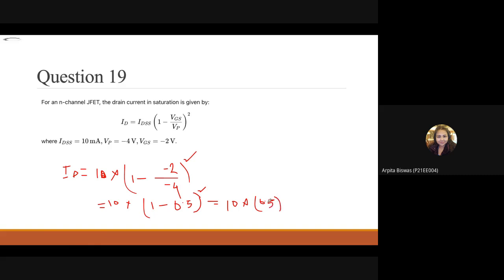This is 0.5, right? Whole square. 2.5 milliamps.